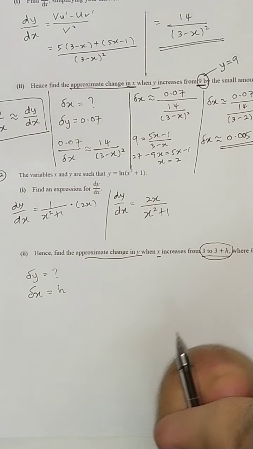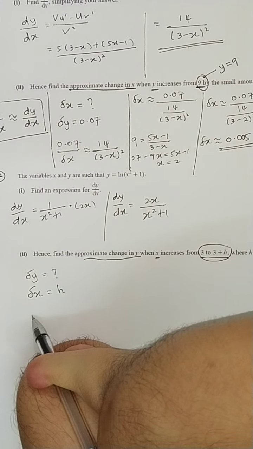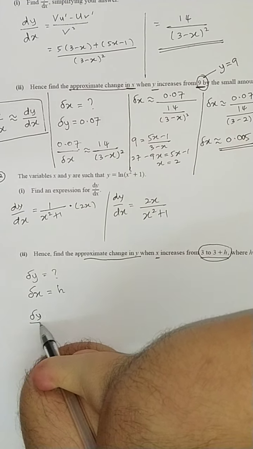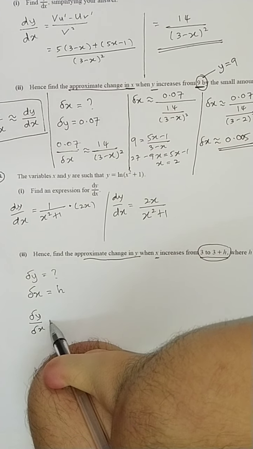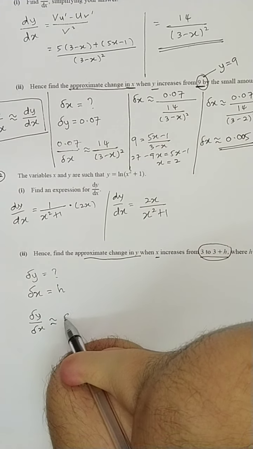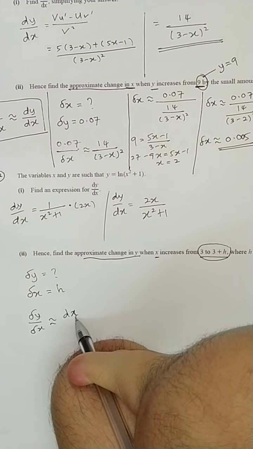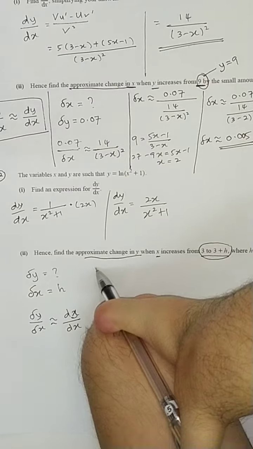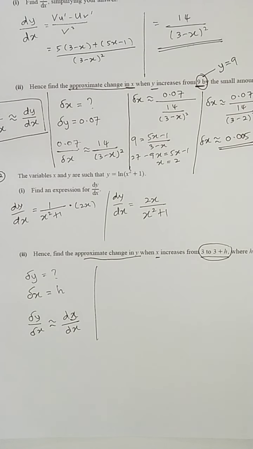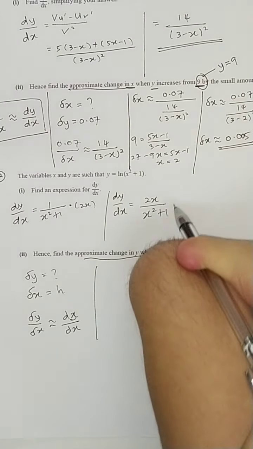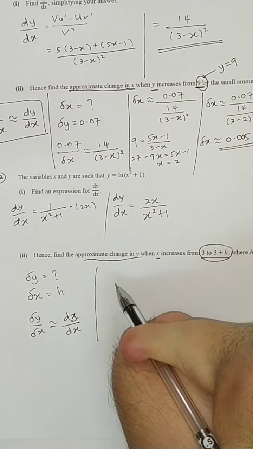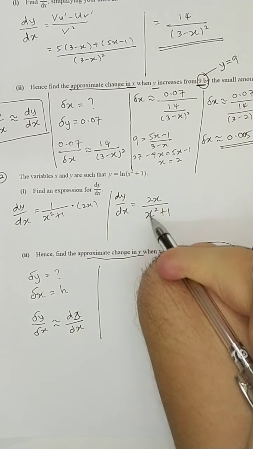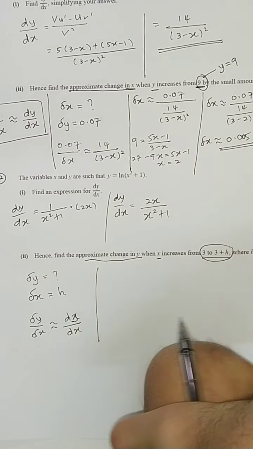Now let's find it. The formula says delta y over delta x is approximately dy over dx. Let's substitute the information that we got from the previous part. From the previous part we have dy over dx, so I will substitute it here.